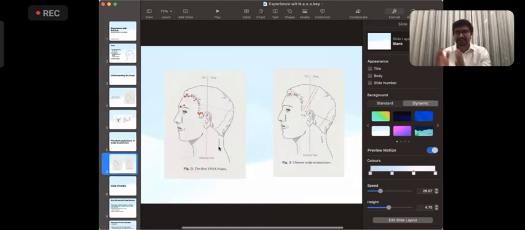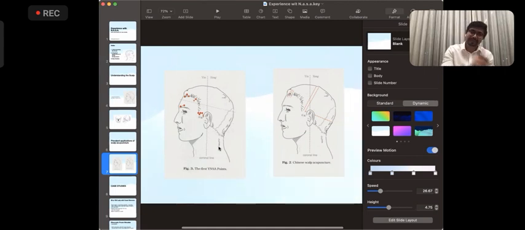Now, basically, there is the Chinese system and there is the Japanese system. The Japanese system was introduced a bit later, in the year 1971, but the Chinese system came much before that. And what the Chinese did is they mapped the motor areas, the sensory areas based on the neurons in the brain, and they stimulated those points on the scalp.